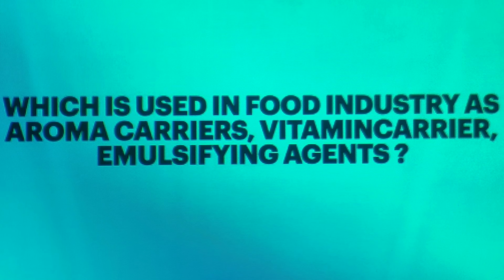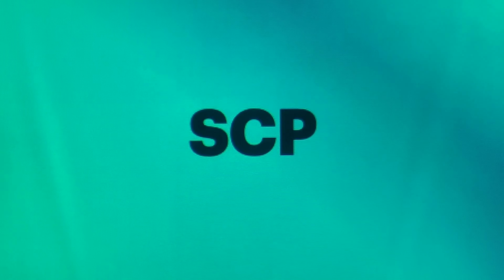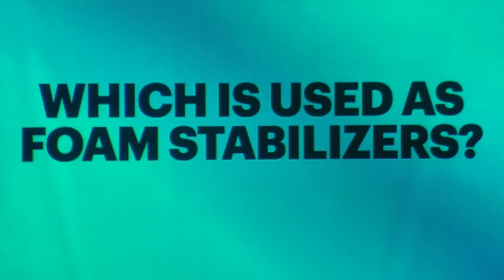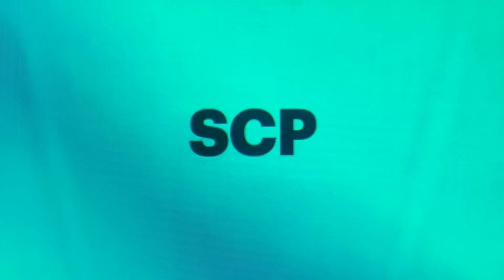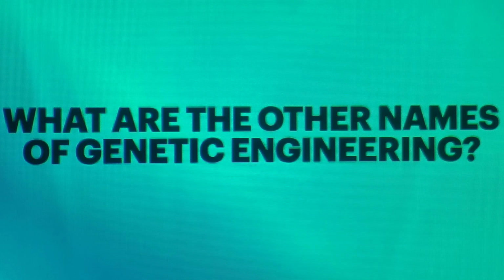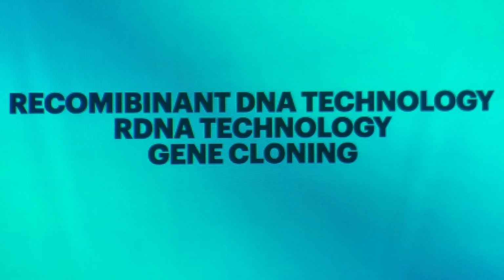Which is used in the food industry as aroma carriers, vitamin carriers, emulsifying agents? The same SCP. Which is used as foam stabilizers? SCP. What are the other names of genetic engineering? Recombinant DNA technology, rDNA technology, gene cloning.